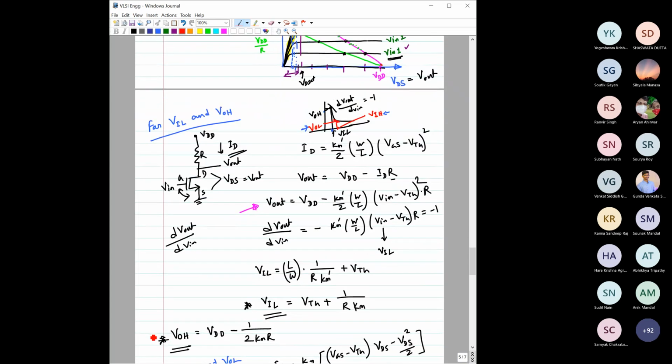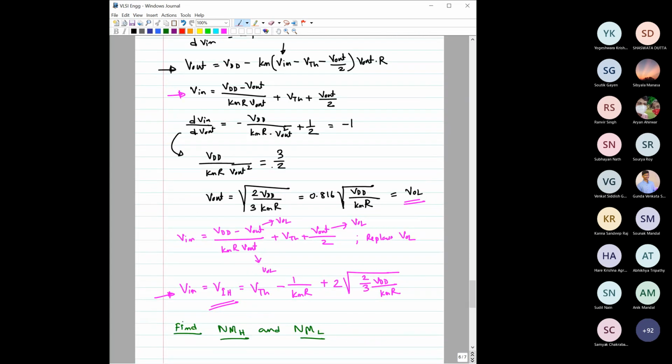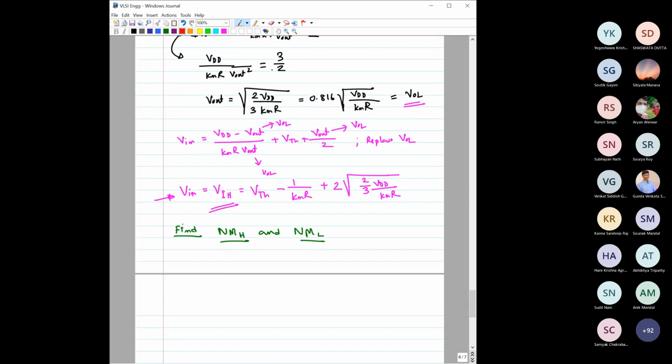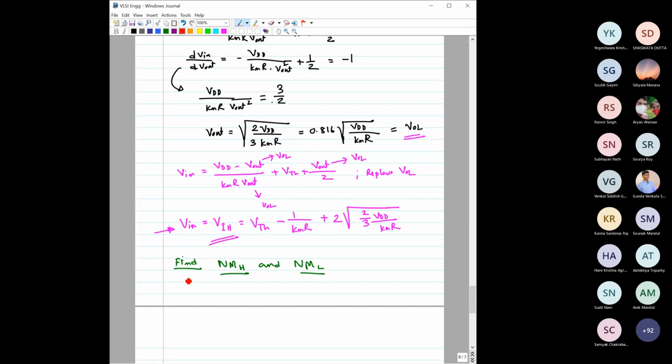So I am assuming that you would also be able to find VOL dash, because it is just a simple process. Just replace it and you will find it.